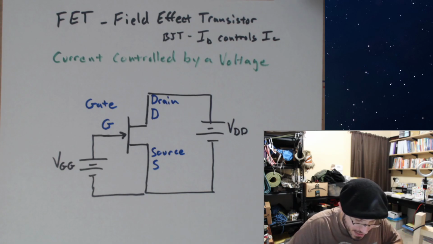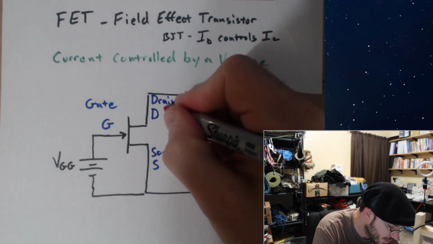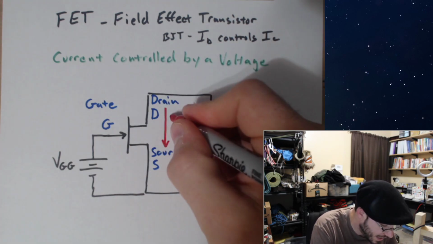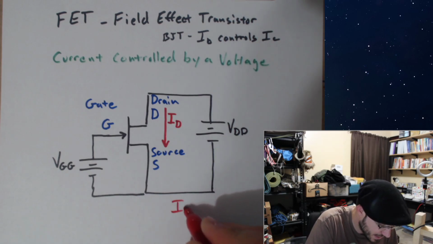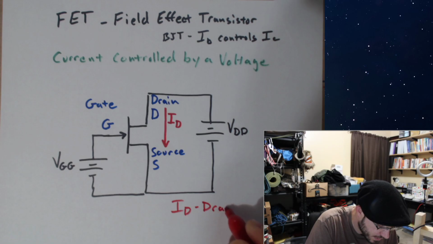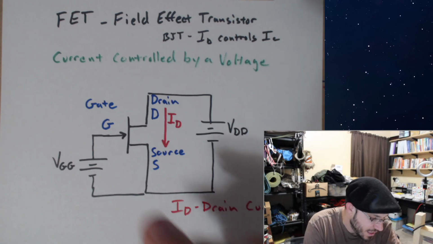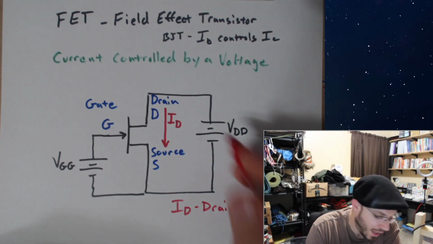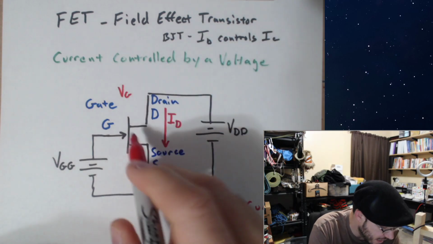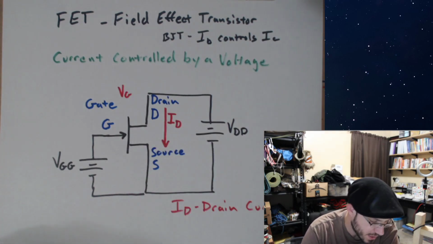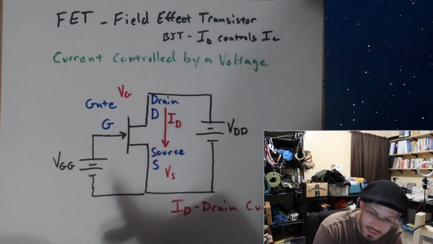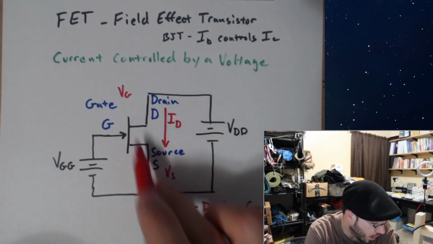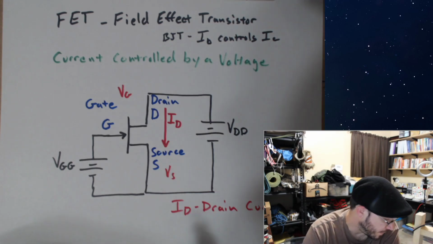Okay, and then the current that goes from the drain to the source, you guessed it, is the drain current. So ID is the drain current. And the voltage that's at the gate would be known as VG, the gate voltage, and the voltage at the source, VS, and the voltage at the drain, VD. So all of that still holds true. Now, here's the deal.